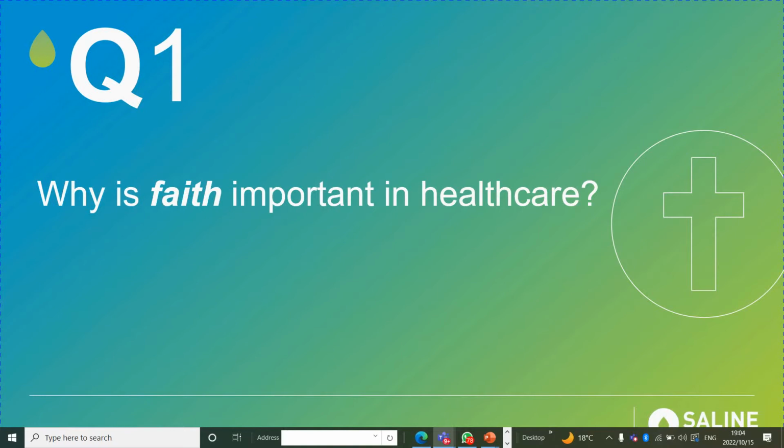But the slide is not shown. The slide is showing on the screen. Question 1, why is faith important in healthcare? Okay, so I'll just explain because my screen doesn't show.